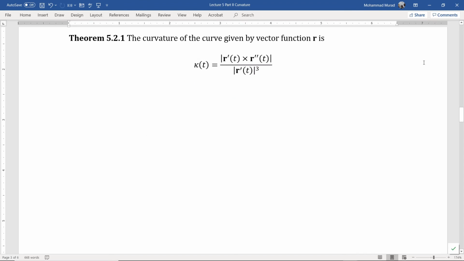Theorem. The curvature of a curve given by a vector function r can be calculated by using this formula. In the numerator, we have the magnitude of the cross product of the vectors r prime and r double prime, which is the second derivative of the vector function r.